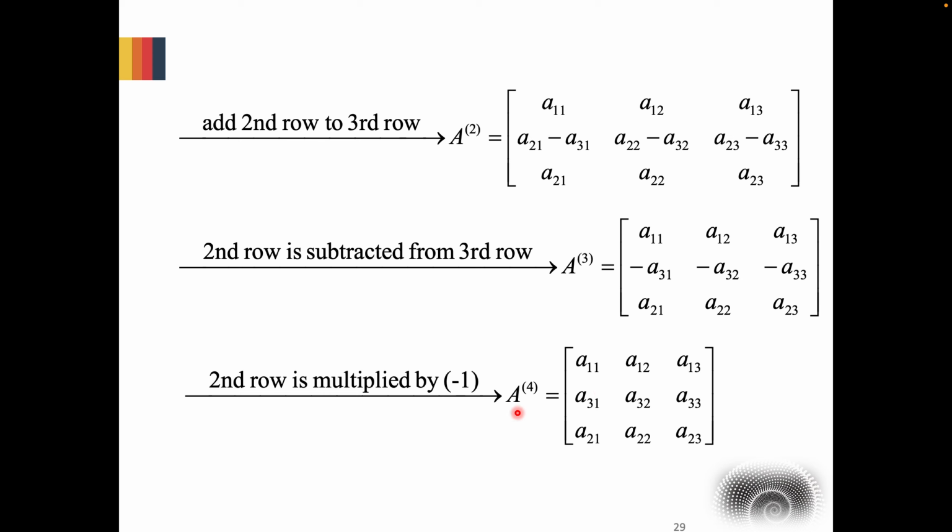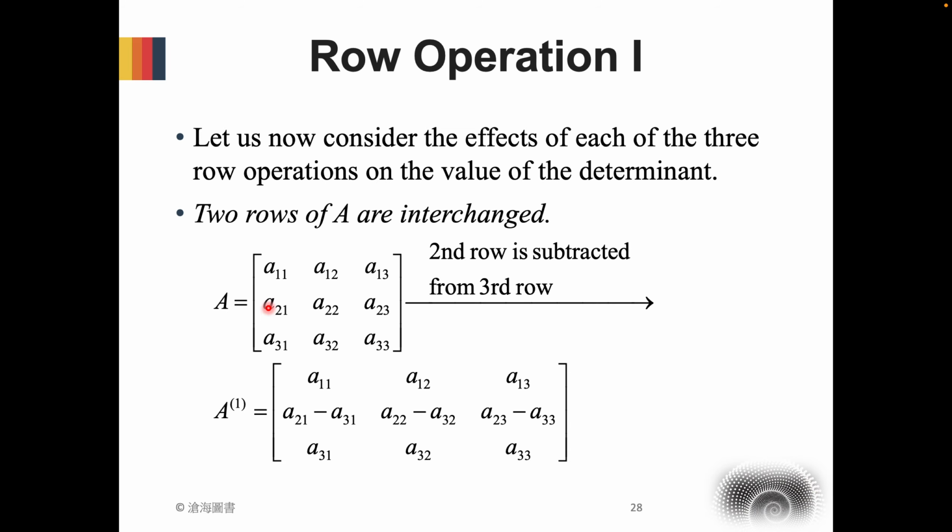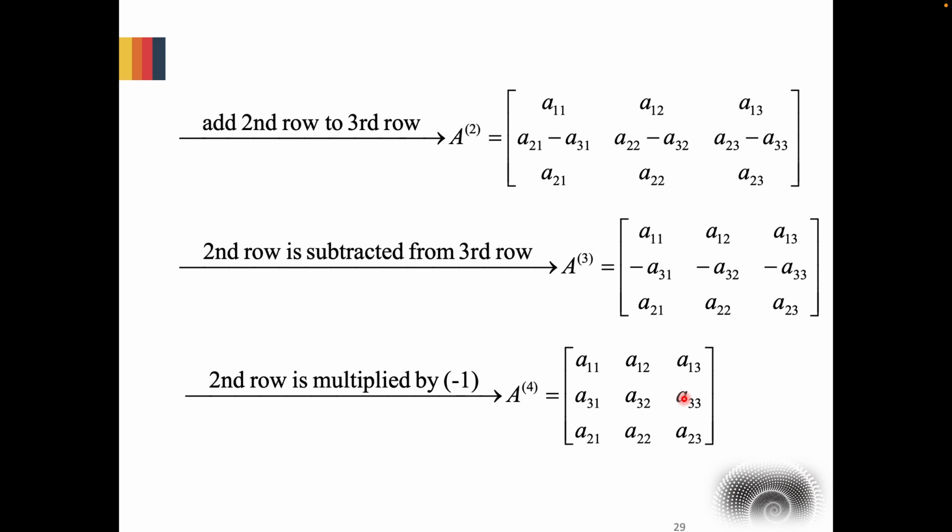So if you look at this resulting matrix, you can see that this result is just like we interchange the second row and the third row, right? So the matrix A4 is the result of interchanging the second row and the third row.